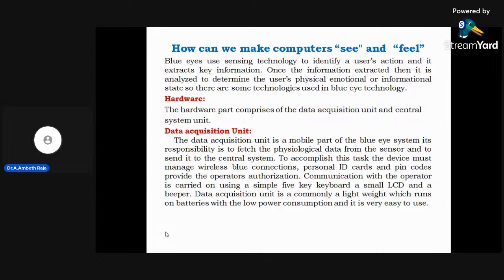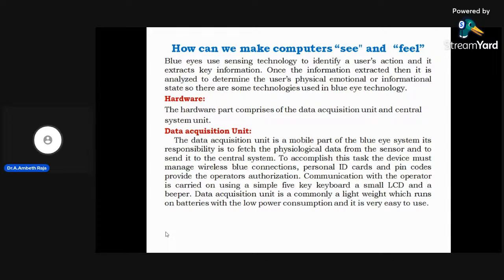The data acquisition unit is the mobile part of the Blue Eyes system. It is responsible for fetching psychological data from the sensor and sending it to the central system, for example the personal ID, PIN code, and some other authorized operations.